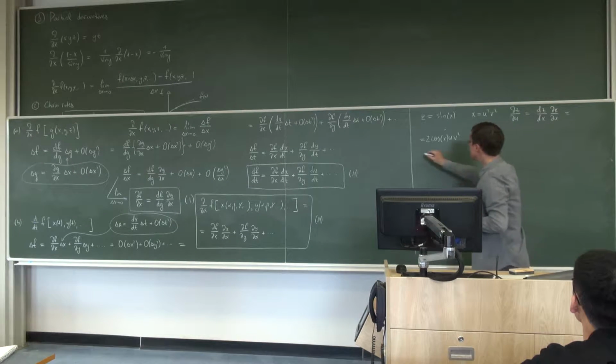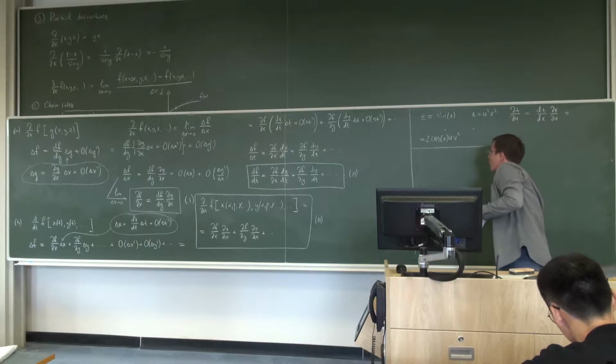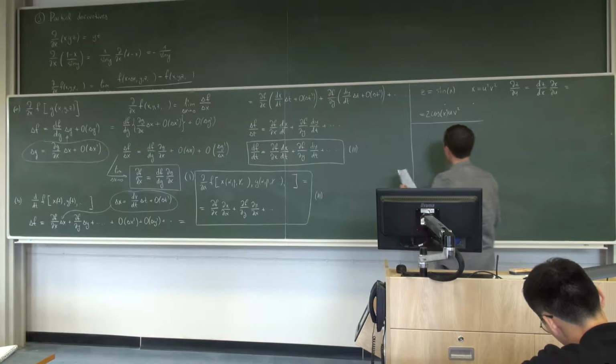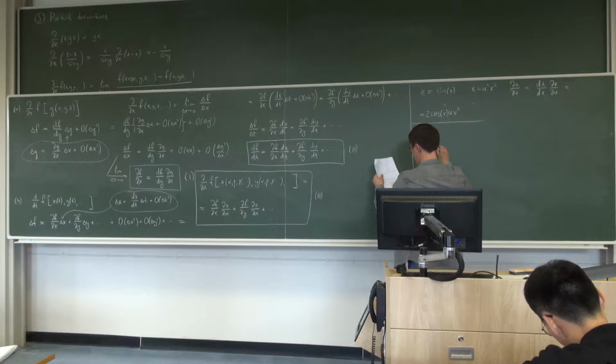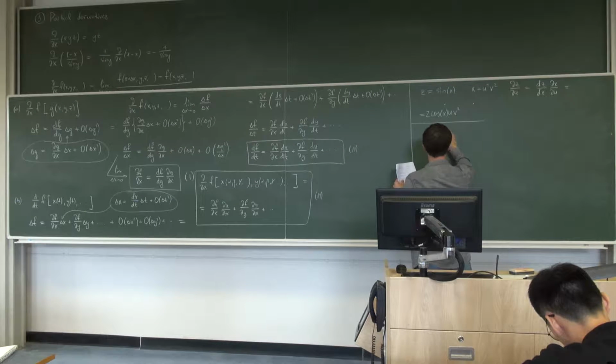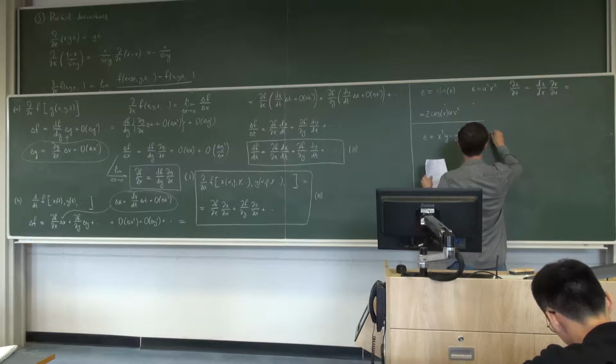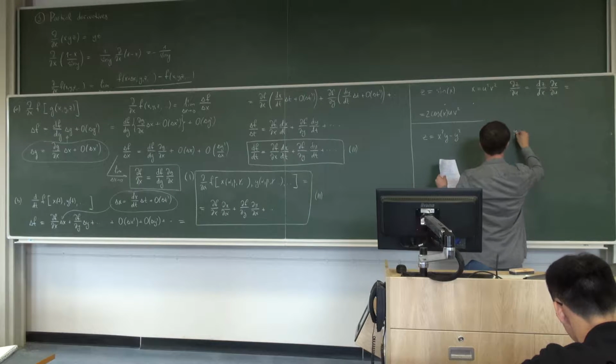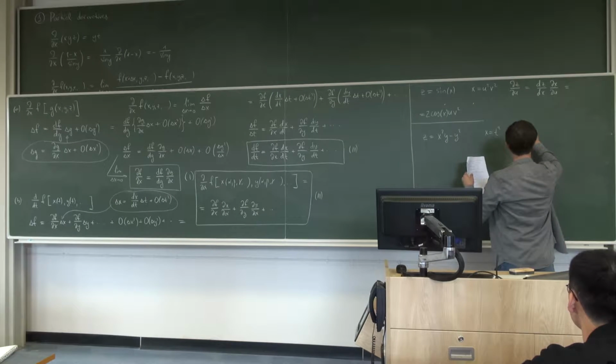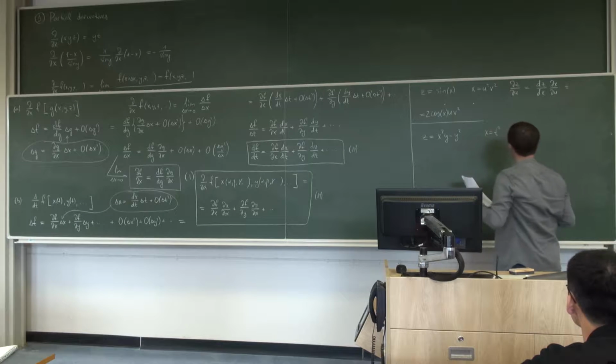The second case, when we have z that is x squared y minus y squared, where x is t squared and y is just 2t.